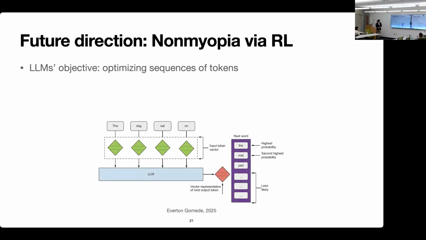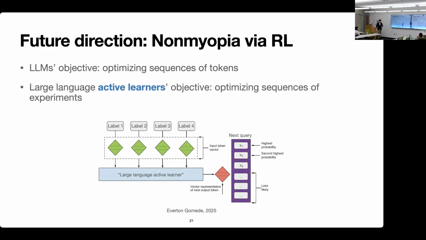So one particular idea is to leverage the tools that train large language models that we've seen to be really good, right? We saw that LLMs are really good at optimizing for sequences of tokens. So there's potential for leveraging this technology to learn to optimize for sequences of experiments, sequences of labels that you query in order to best optimize your utility function. So you kind of create a large language active learner in that way.